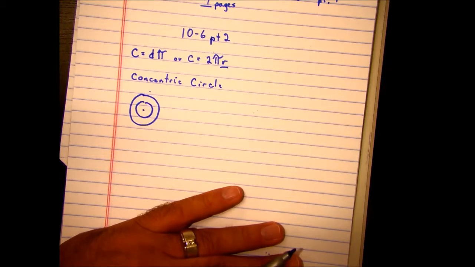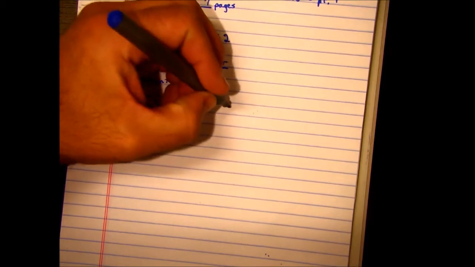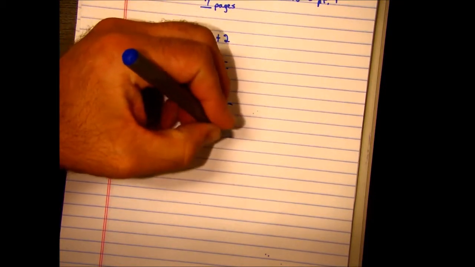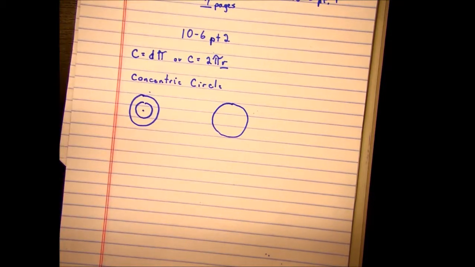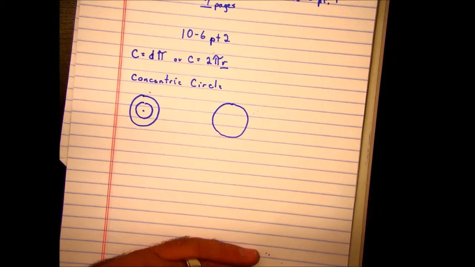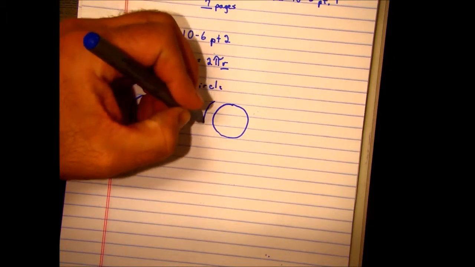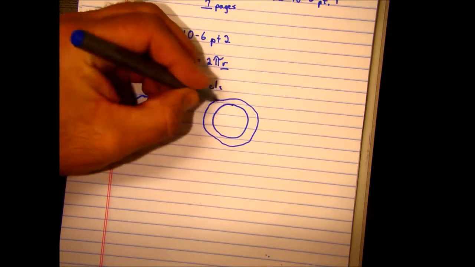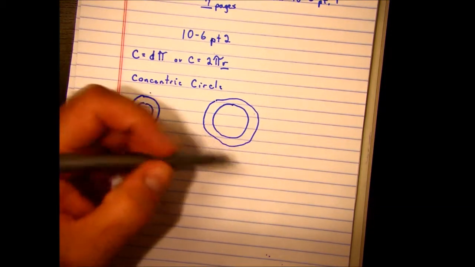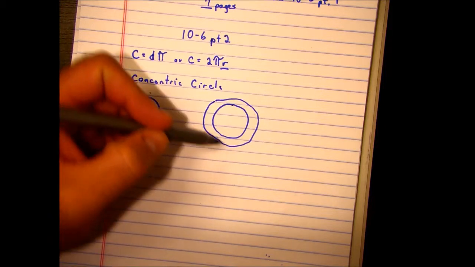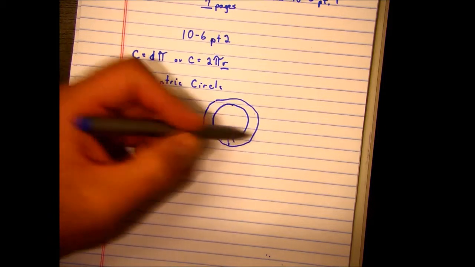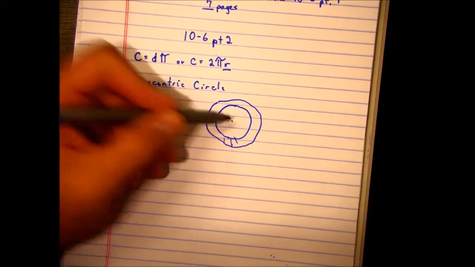So let's look at a sample problem. Let's pretend you have a railroad track and it goes in a circle at the mall, okay? Which means you've got, hopefully you know how a railroad track is, and there's ties that go here and the train goes around and Santa sits in the middle, okay?